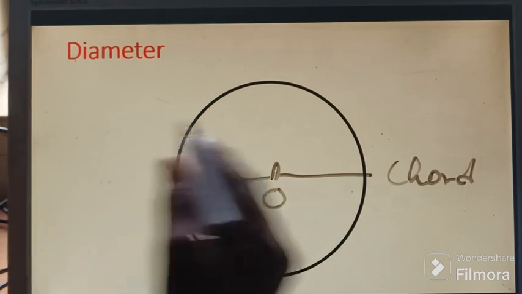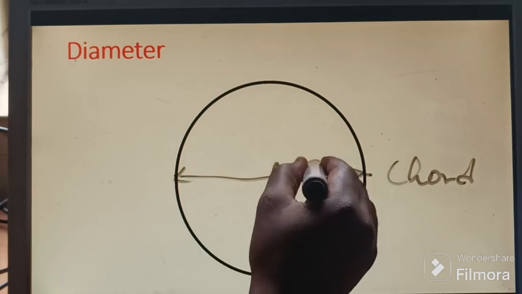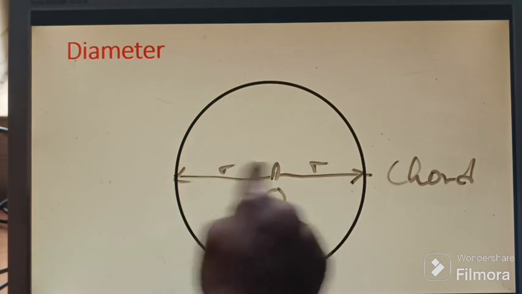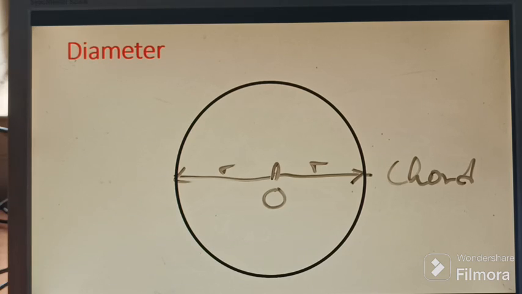And remember, the diameter is made up of two radii. So when you add these two radii, it gives us the diameter.